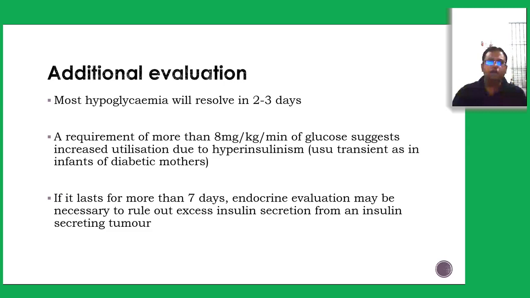Additional evaluation. Most hypoglycemias will resolve within a couple of days, or 2 to 3 days. But if they require more than 8 milligram per kg per minute of glucose, that means the child has hyperinsulinism, and if it lasts for more than 7 days, or more than a week, endocrine evaluation is necessary to rule out excessive insulin secretion, maybe due to an insulin secreting tumor.